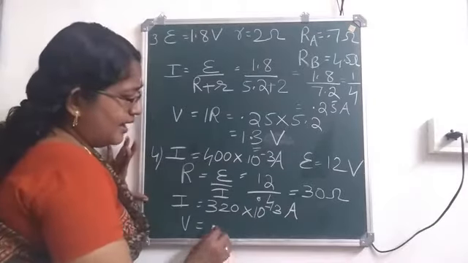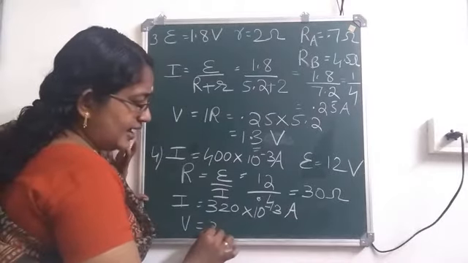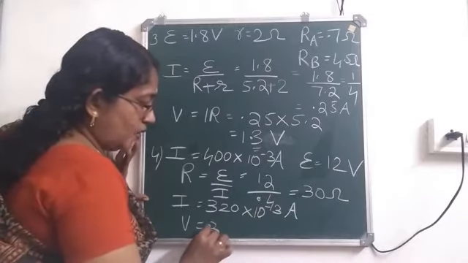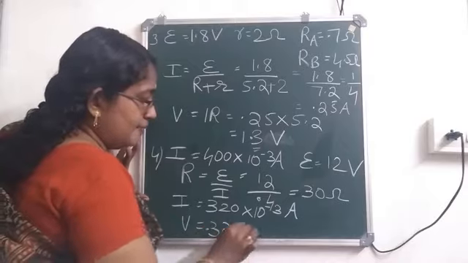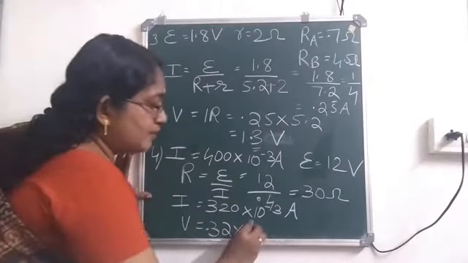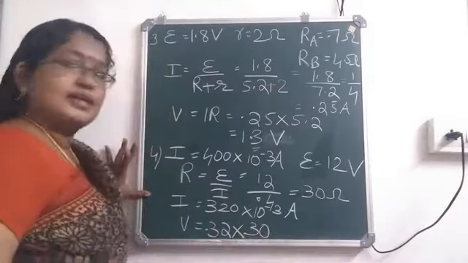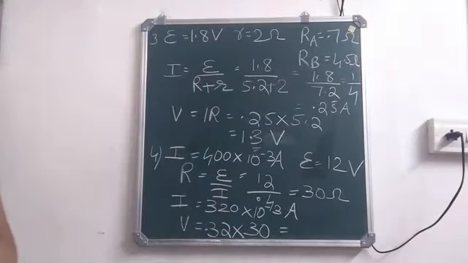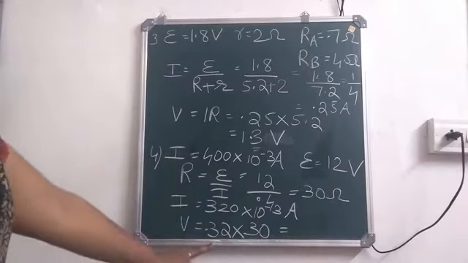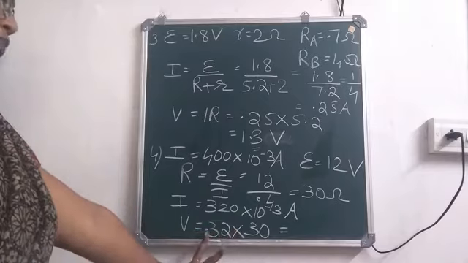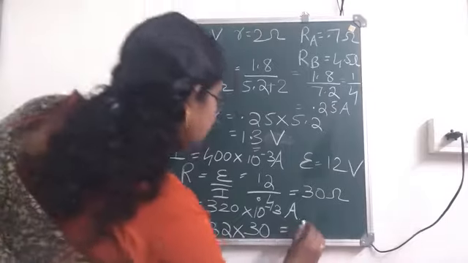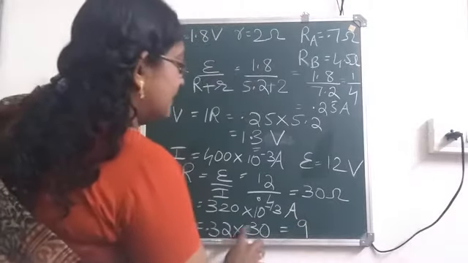V is equal to I into R. I is given as 320 into 10 raised to minus 3, so let me take it as 0.32. 0.32 into, what about the resistance? Resistance is 30, isn't it? So that is 0.32 into 30. 32 into 3 will be 96. The decimal point will move, so 3.2 into 3.